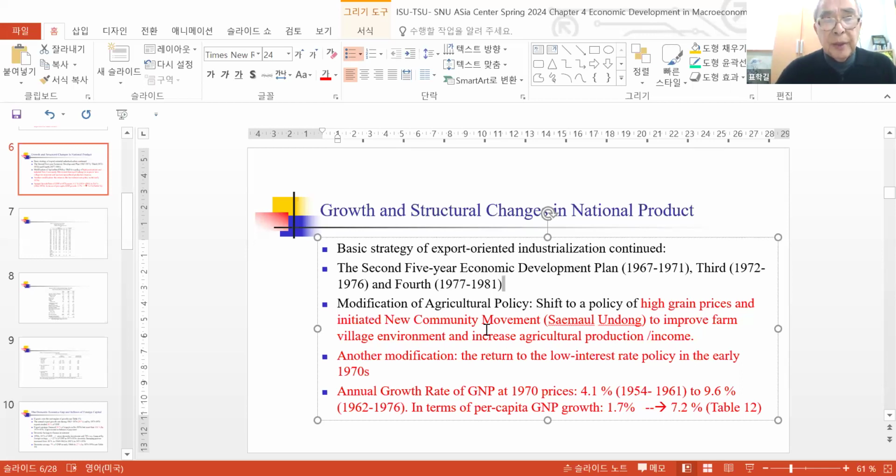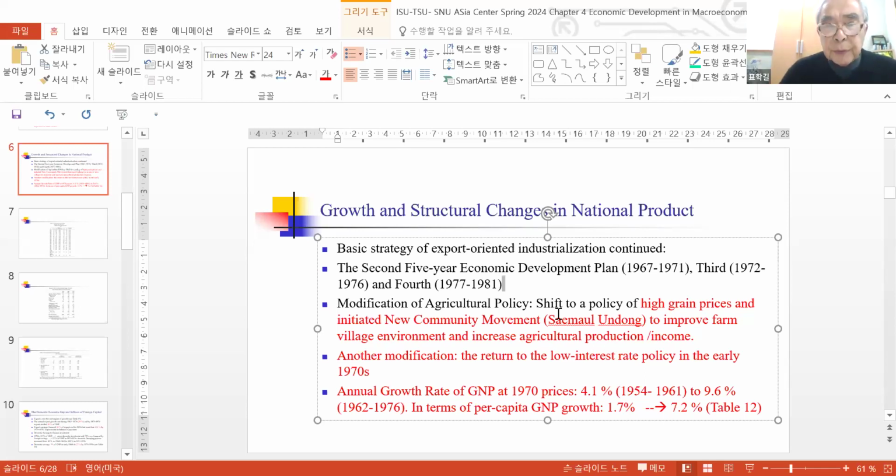So the first thing the new community movement did: every village got one cemented main road so that their farm products could be shifted to urban areas very quickly. And that became a very successful project. After that, many rural communities began to ship their farm products beyond the villages to urban areas, and improved agricultural production facilities.